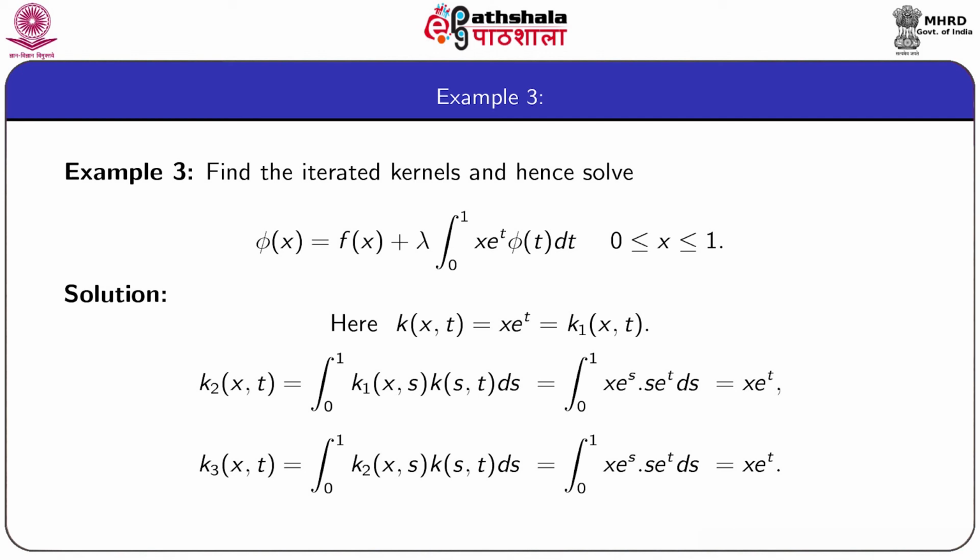The second iterated kernel K2(x, t) is equal to integral 0 to 1 K1(x, s) K(s, t) ds, which is equal to integral 0 to 1 x into e to the power s into s into e to the power t ds, which after simplification gives x into e to the power t.